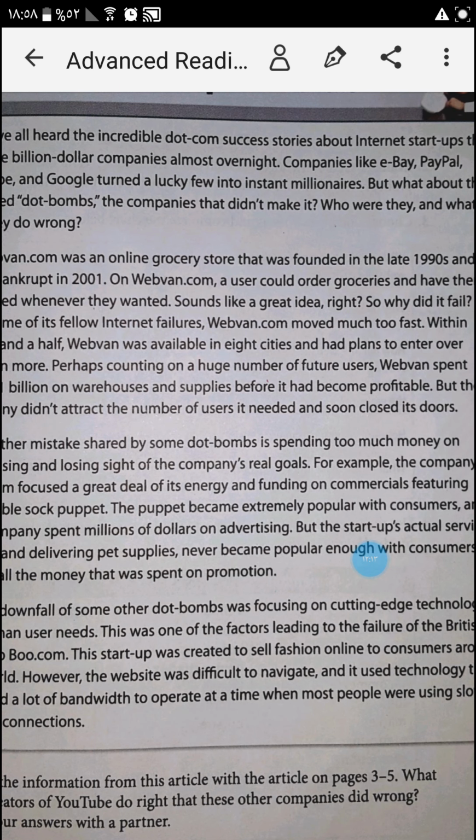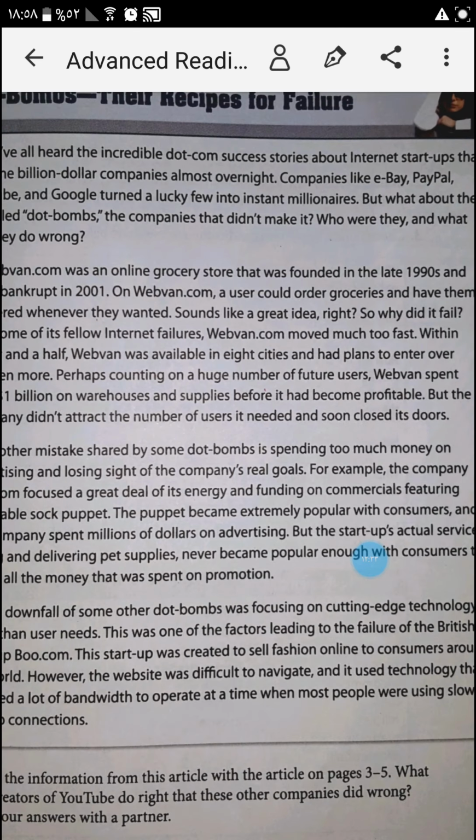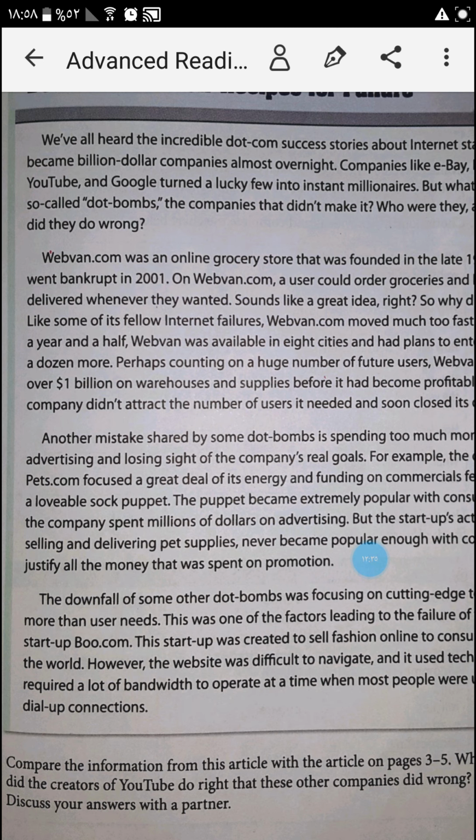So this company thought about building new warehouses and supplies, but they didn't get enough profits, enough money to grow and continue. So this company failed and didn't succeed to become a successful company like YouTube.